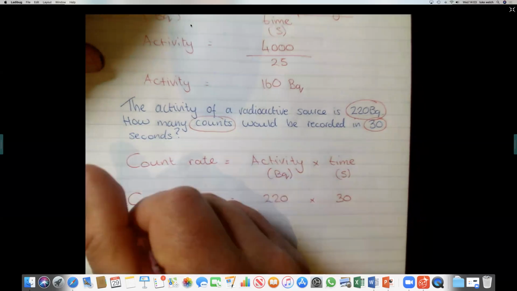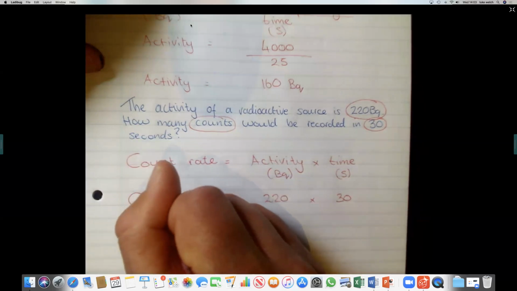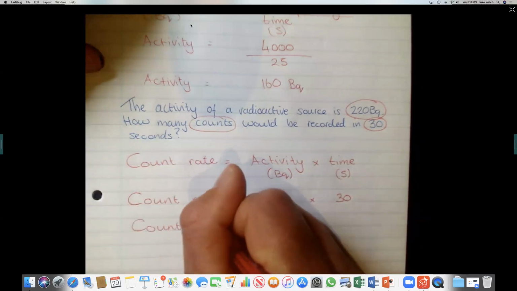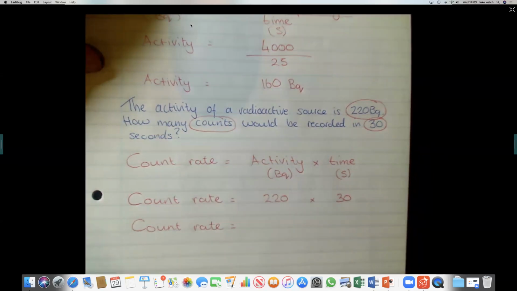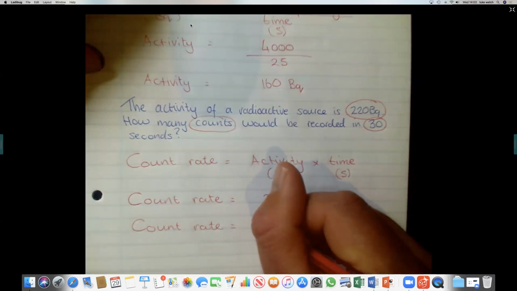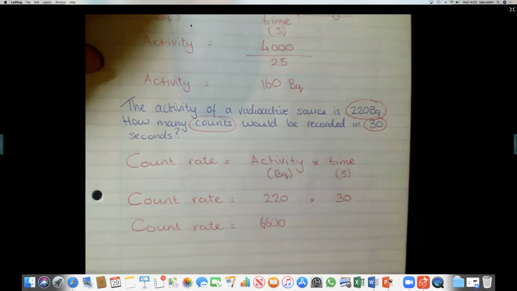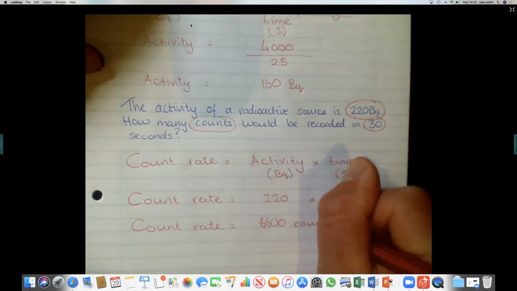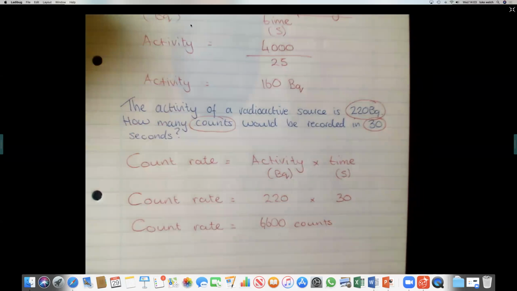Count rate, therefore, equals, and check your answer, 6,600 counts. And that is as tricky as it gets, guys. Okay, so make sure you've got this down.